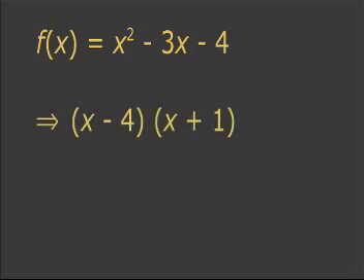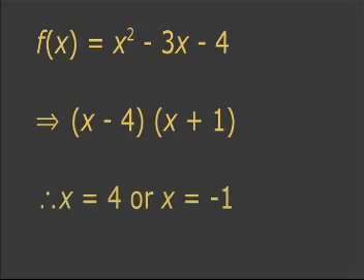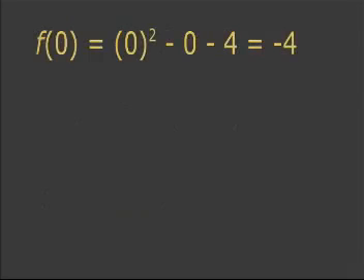This can be factored as the product of (x − 4) and (x + 1). Therefore, the graph of f has x-intercepts at 4 and −1. f(0) = −4. So, the y-intercept is at −4.